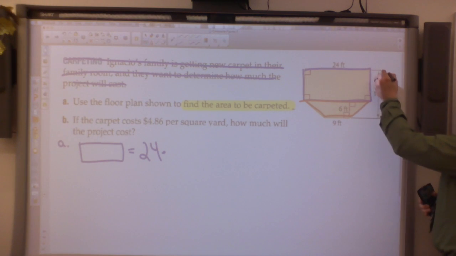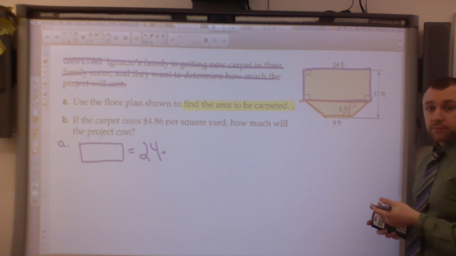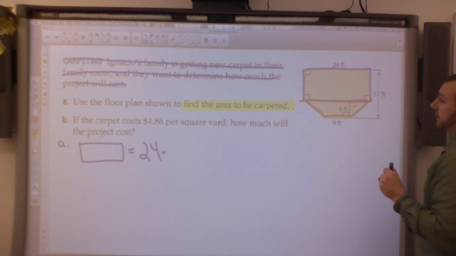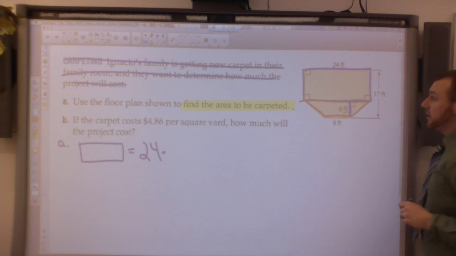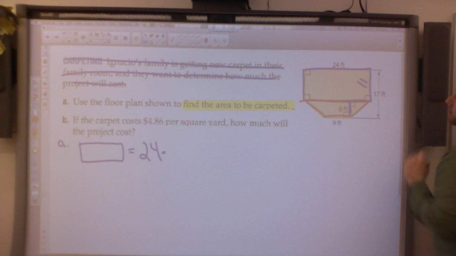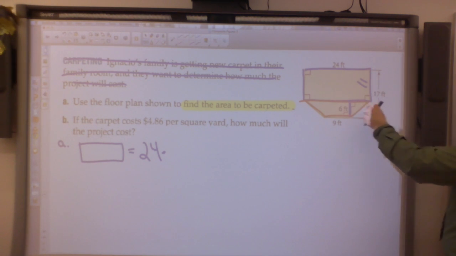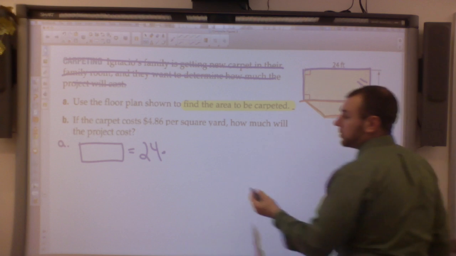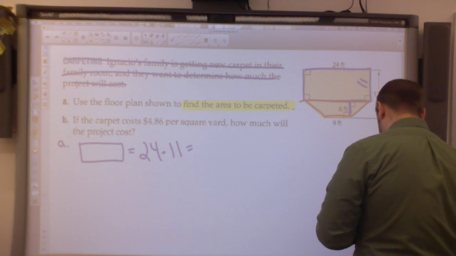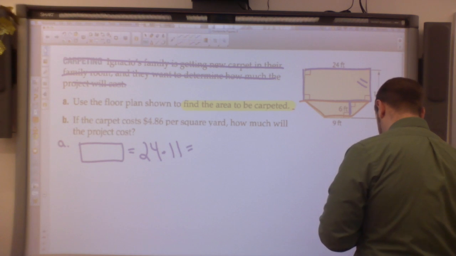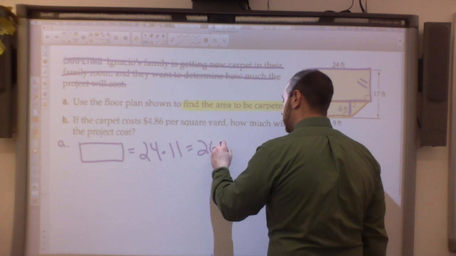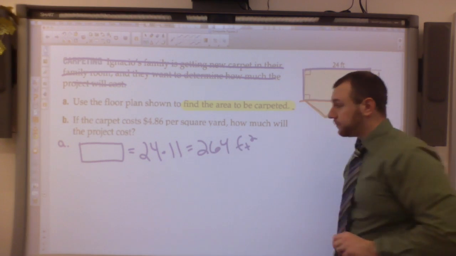Well, I know this whole length is 17, but my blue line here is not all of that 17. Part of it is made up of that 6. So the blue line is actually only 11 feet, because 11 plus 6 is 17. So 24 times 11 is a grand total of 264 feet squared.